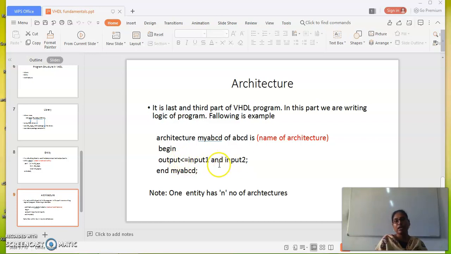We are performing the AND operation between input 1 and input 2. And end ABCD, this is the ending of the architecture. This is a simple example, one equation of the architecture. The important key note is one entity can have n number of architectures. We can implement many architectures with one entity.